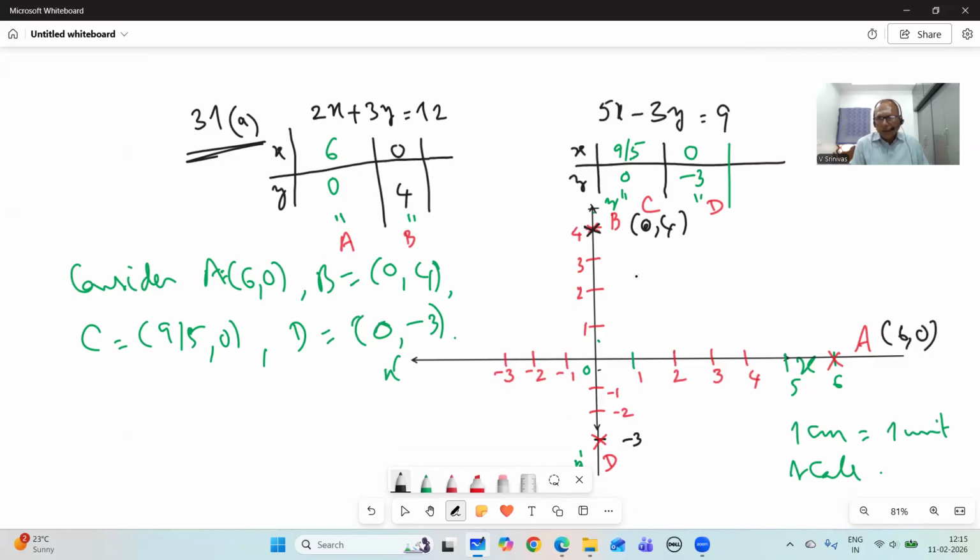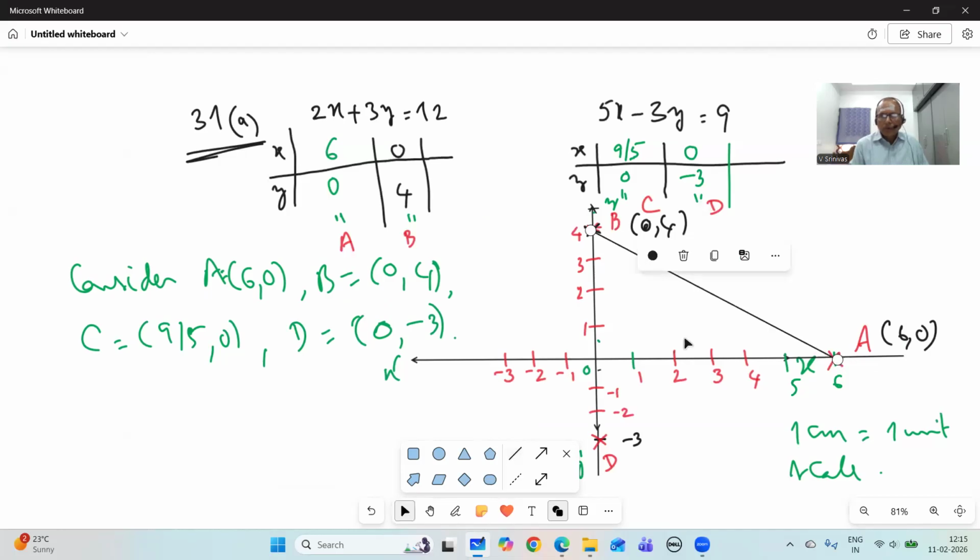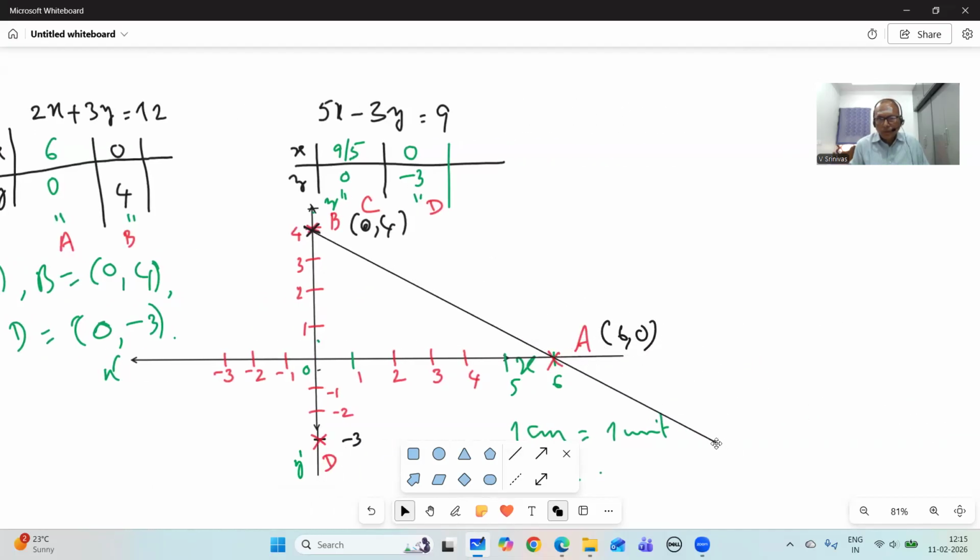Now you can join A and B with a line segment with the help of scale and pencil. And you may extend this. Now you mark D.